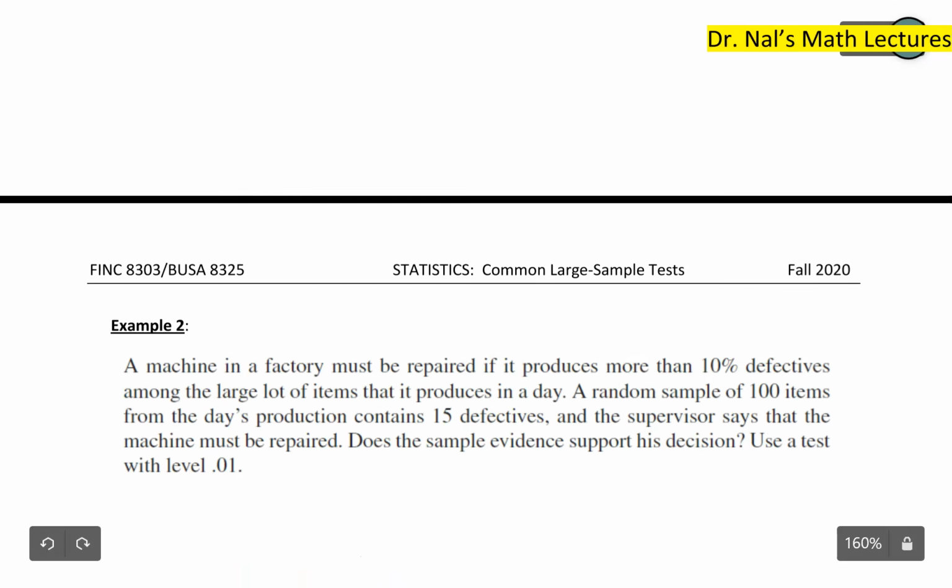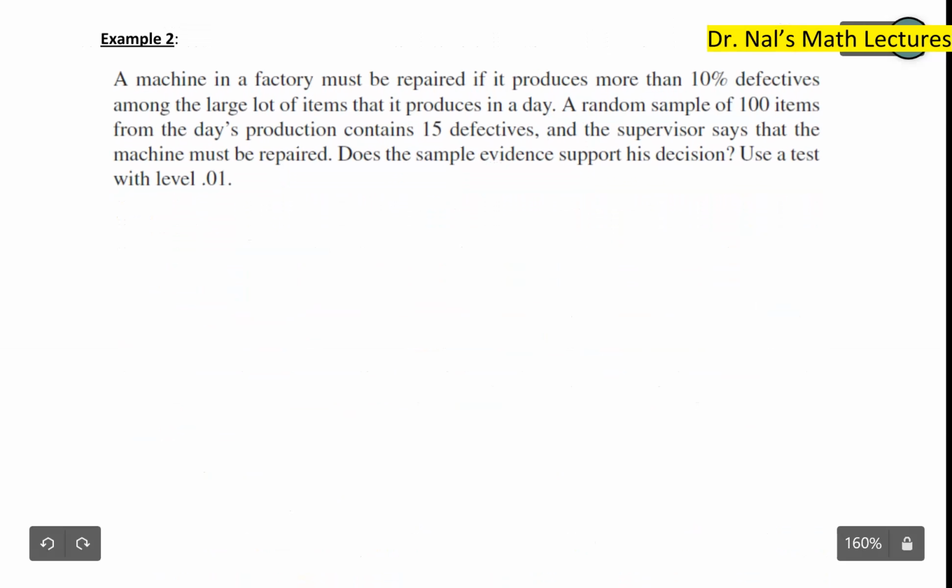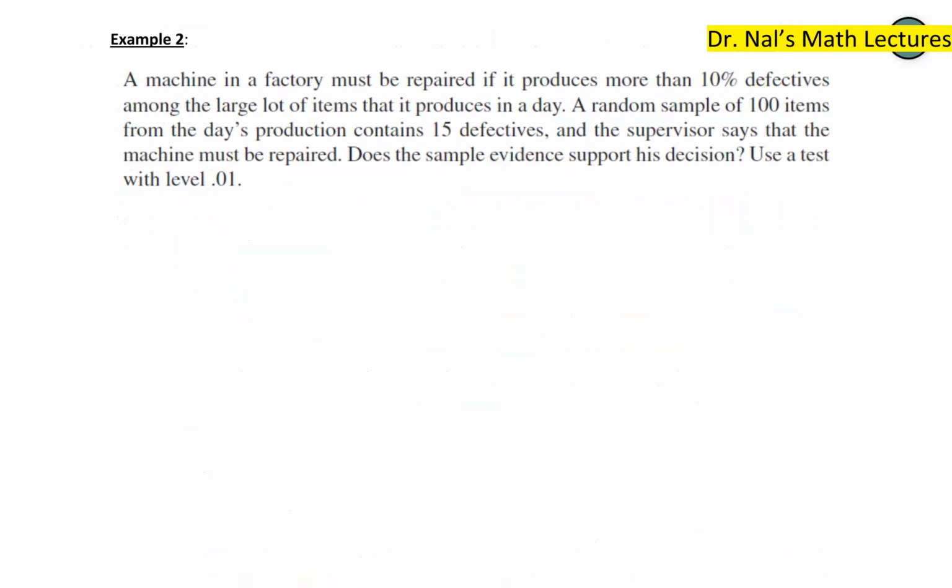Next is the second example here. We have a machine in a factory that must be repaired if it produces more than 10% defectives among the large lot of items that it produces in a day. So if it starts giving a lot of defective products, then it's time to repair the machine, right?